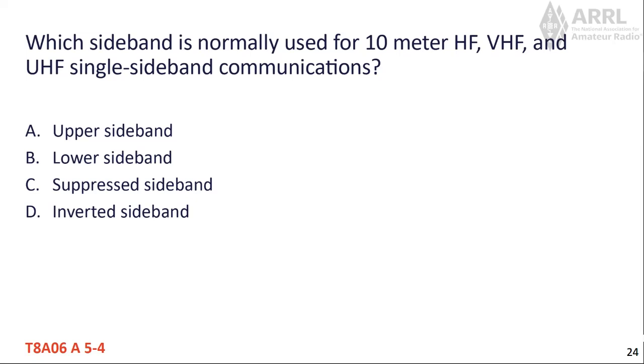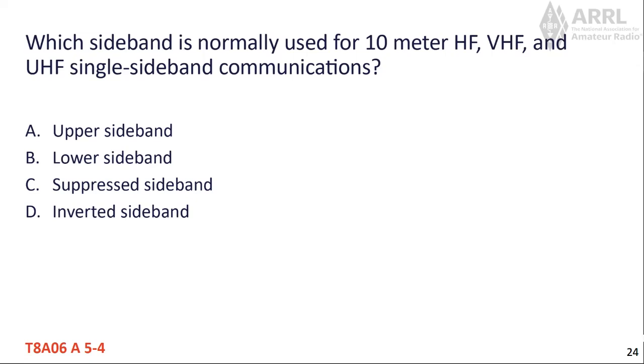Yeah, it stops at 30. And as technicians, you have some voice privileges in the bottom end of that 10-meter band. Don't forget that, especially at this time in the sunspot cycle. I worked my 49th state the other night and got it confirmed for worked all states on 10 meters.